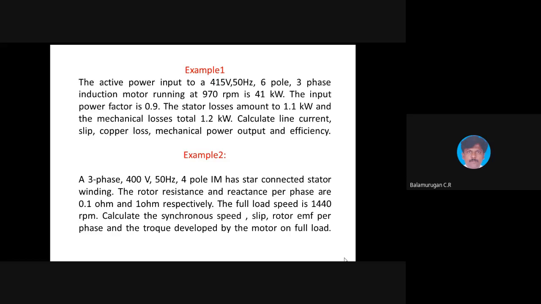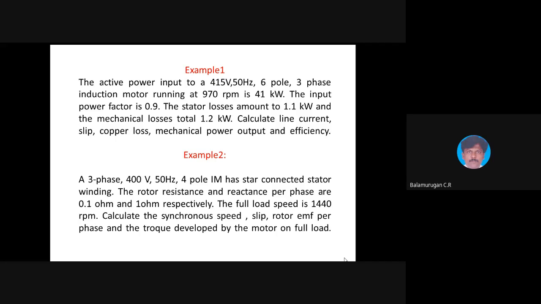Okay, so you take the first problem. The active power input to a 415 volt, 50 hertz, 6 pole, 3 phase induction motor running at 970 rpm is 41 kilowatt.